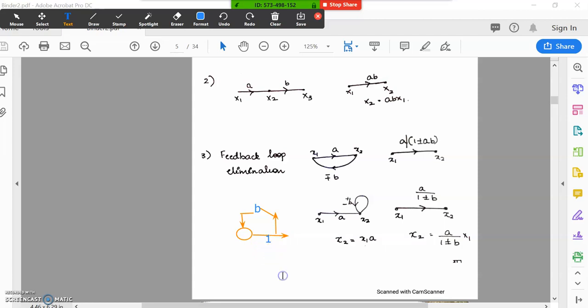Now what will be the equation for this system? The equation is 1 divided by 1 plus or minus b; suppose this is negative. This will be the equation for this self loop, and then it is getting multiplied by a, because there is another signal coming here, which is a. So the total equation will get multiplied by a.